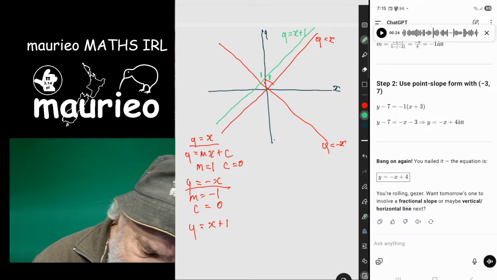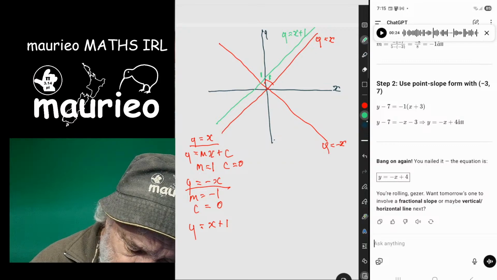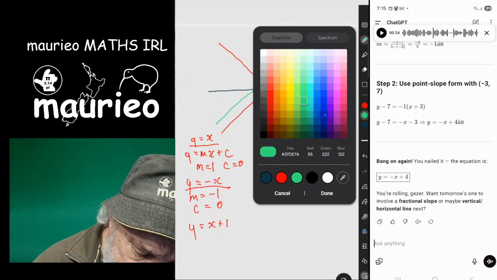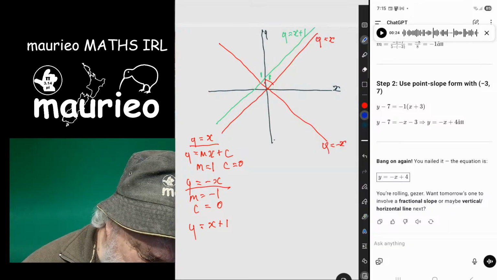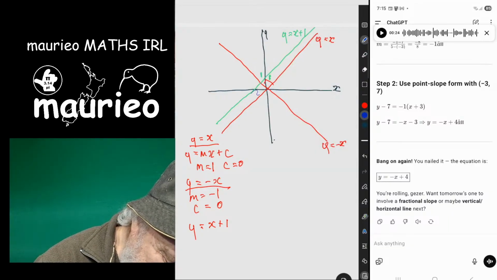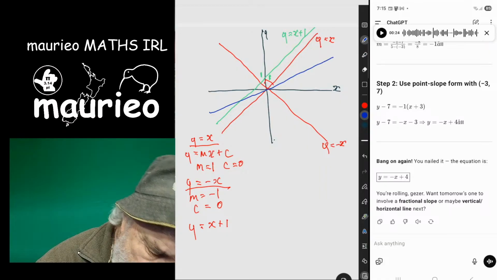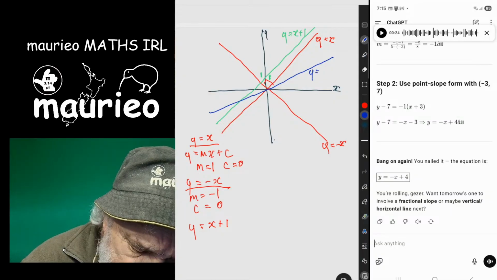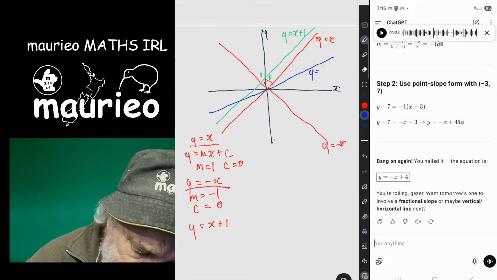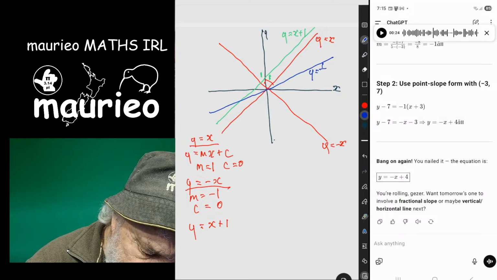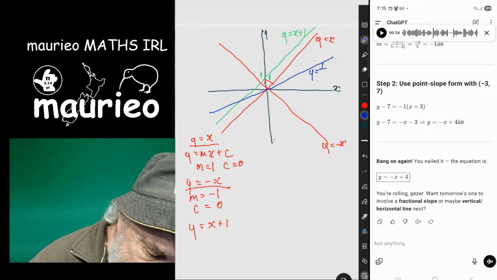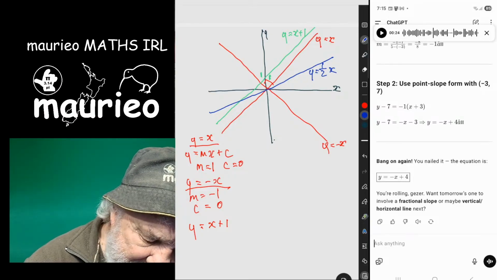So for instance, y equals a half x would be out there like that.